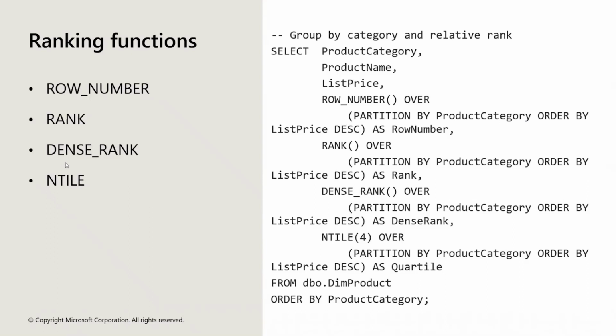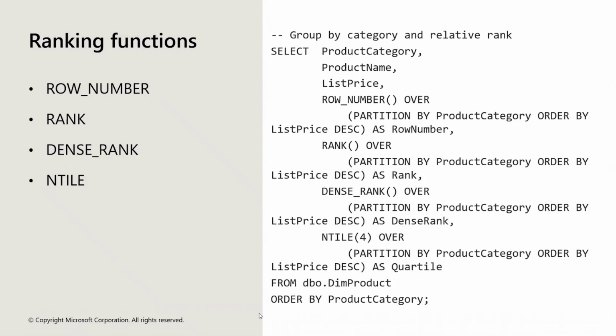Then we have ntile. It returns the specified percentile in which the row falls. For example, in a partition of stores ordered by sales volume, ntile 4 returns the quartile in which a store's sales volume places it.